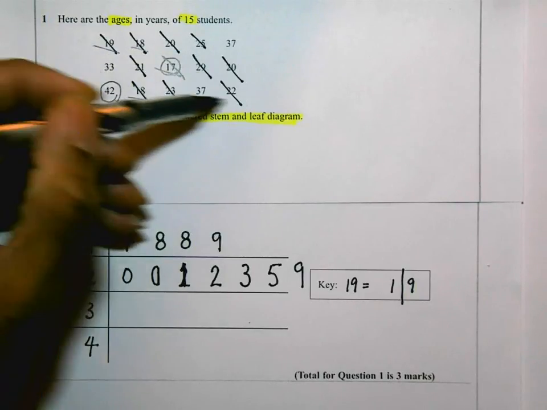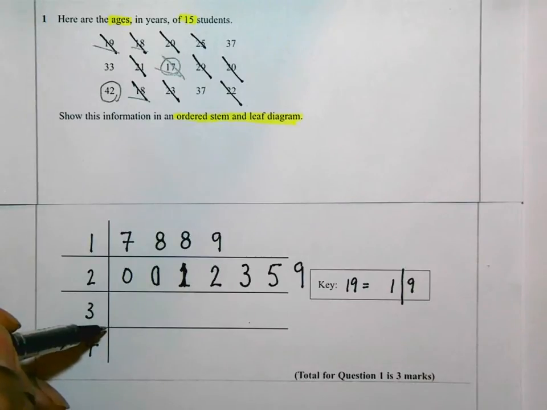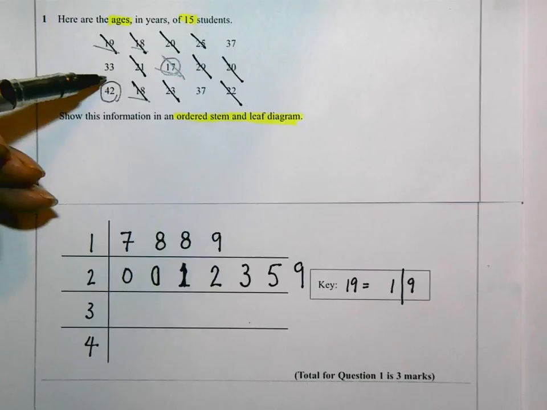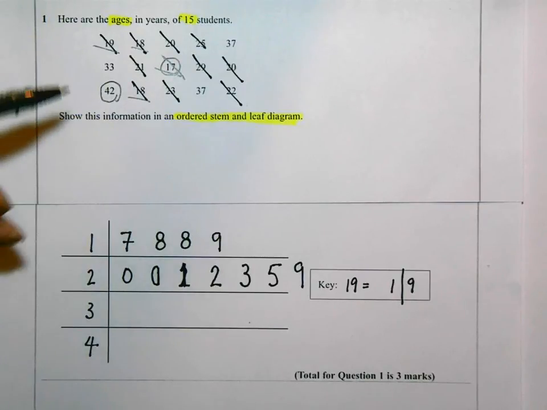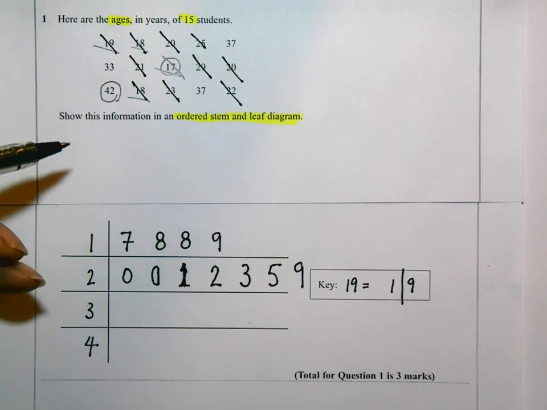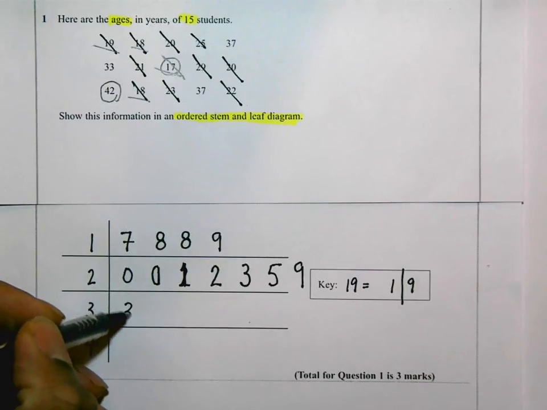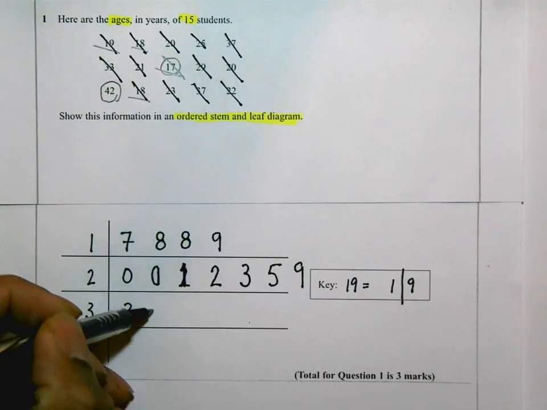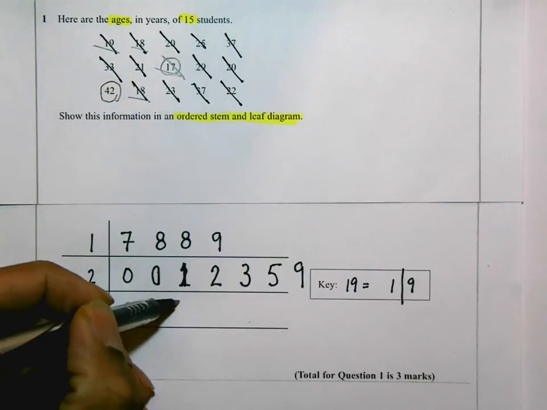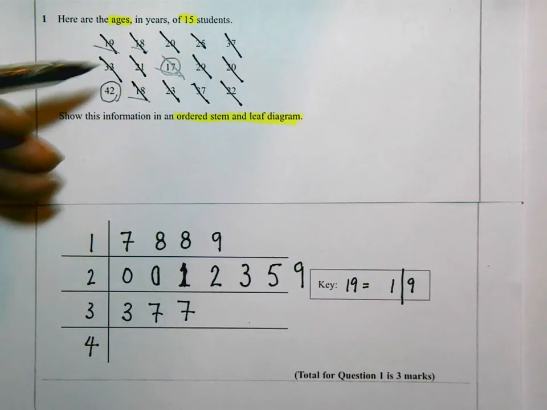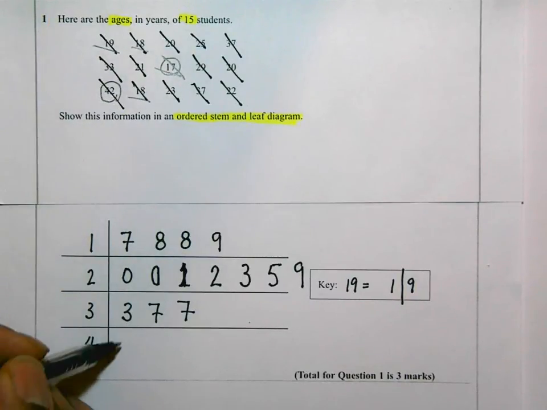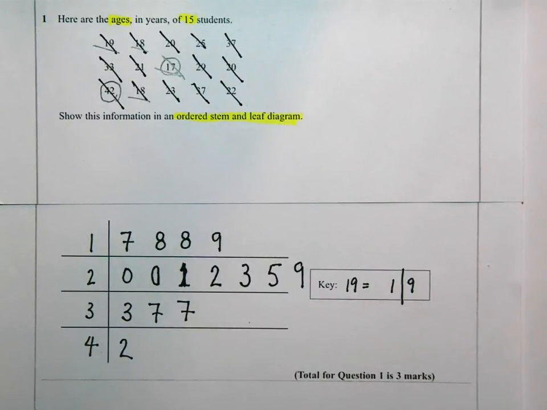Okay, now I need to get the 30s. So I have 33, 33, 37 and 37. So that's going to be 3, 3, and then 2 lots of 37, 7 and 7. And the final thing, the one that I've not used so far, there's only one number in the 40s, and that's 42. Okay, so I've completed them.